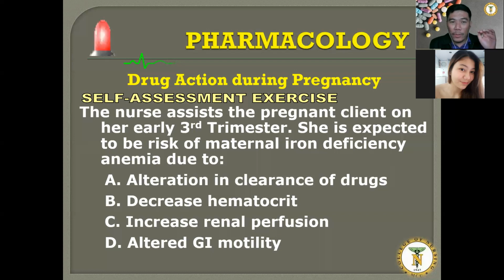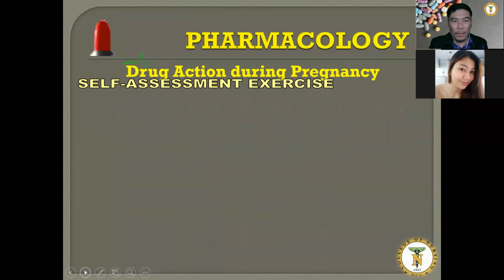So which of this hemoglobin and hematocrit had been part of the choices? So the answer is letter B. So let us see if your answer is correct. So your answer is correct. Letter B, decrease hematocrit. So I hope you're learning in the presentation of this self-assessment exercise from the lessons that we have last Monday. Next question.